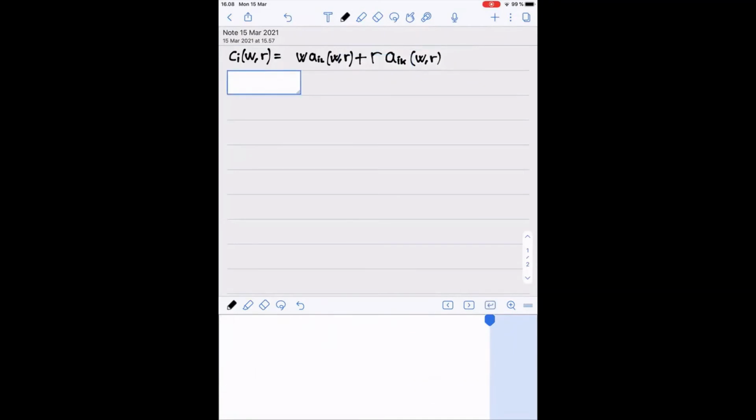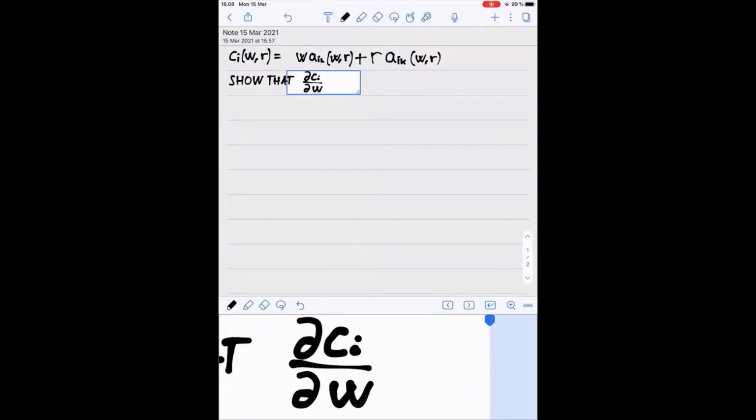So our goal for this exercise is to show that the derivative of the unit cost with respect to, say, the wage is just equal to the unit labor requirement. So we want to show the partial derivative of C_i with respect to the wage, and I'm going to drop the arguments W, R for ease of notation. I want to show that this is just equal to the unit labor requirement.